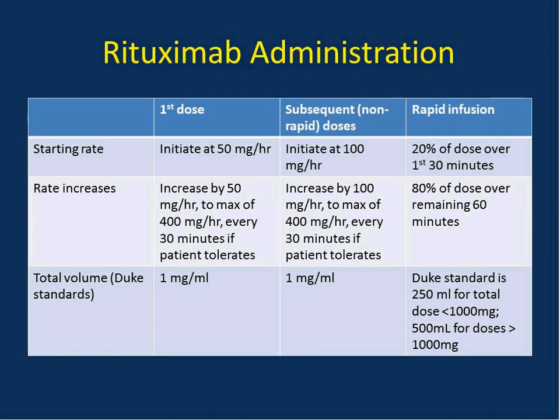That is for patients that receive doses less than 1,000 milligrams. For patients that get doses larger than 1,000 milligrams, we would put it in a volume of 500 mils, and their infusion would be over 3 hours instead of 90 minutes. So shorter than the middle column, but still longer than what we typically think of as rapid.